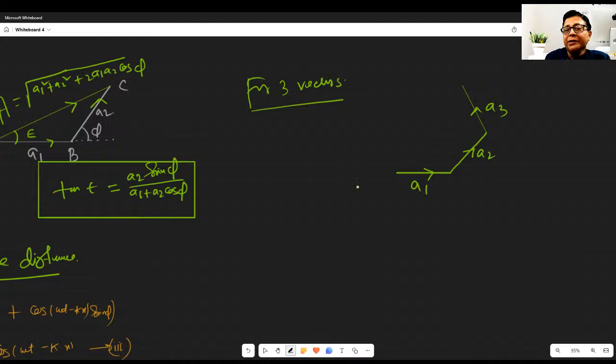What principle are you following? This angle be phi 1, this angle be phi 2. Then what? By polygon rule. This is the resultant. Am I correct?